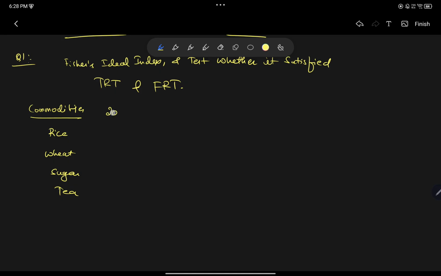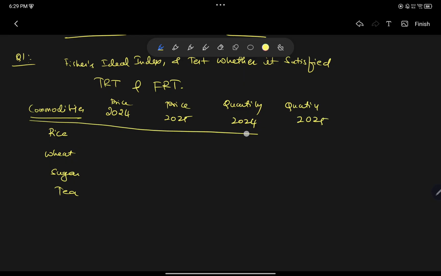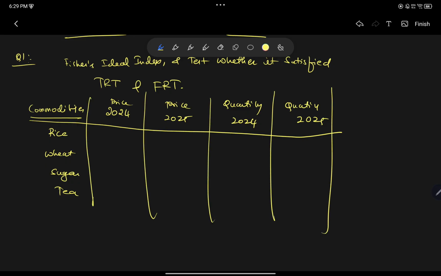Price in the year 2024, price in 2025, quantity in 2024, quantity in 2025. So here this is the data which they have given. Using this we need to calculate the Fisher's.